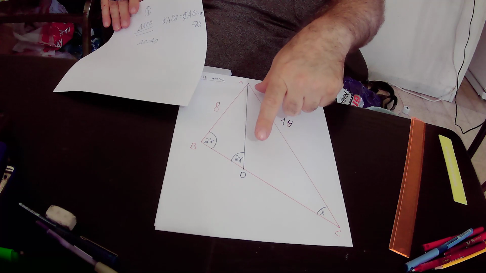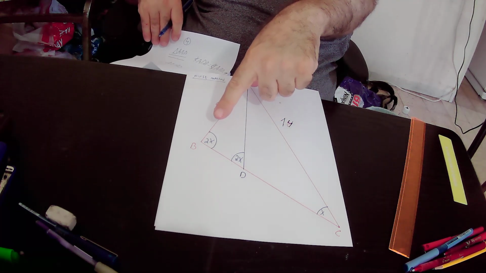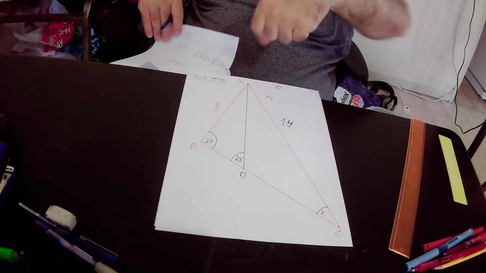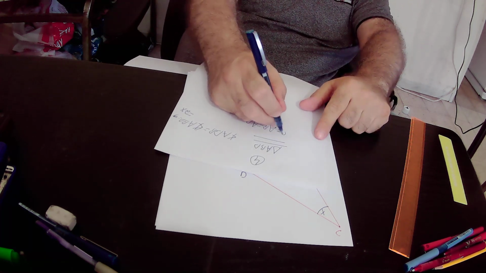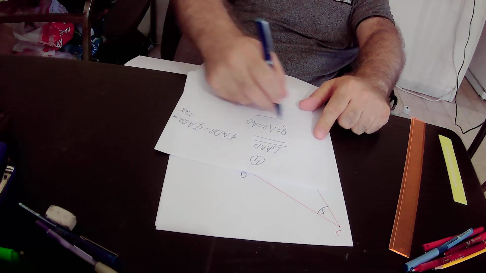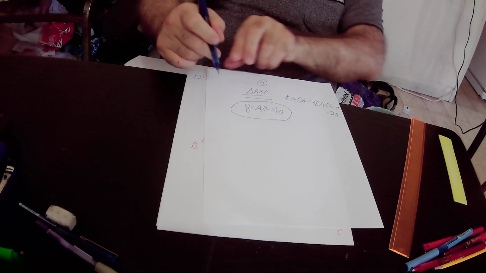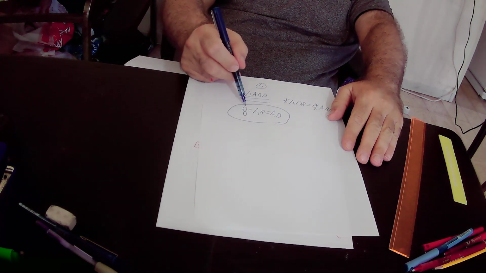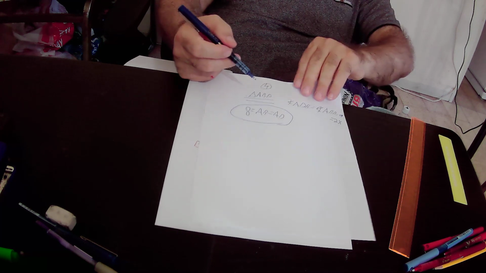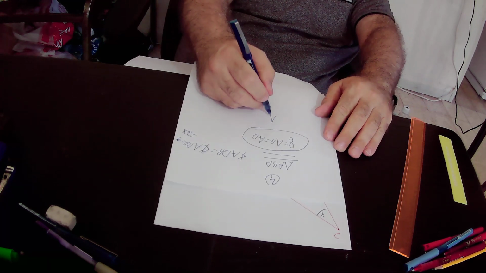AB equals AD. But it is given in the question that AB equals 8 units. So from this equality we can deduce that AD also equals 8 units. Okay, AD equals 8 units.